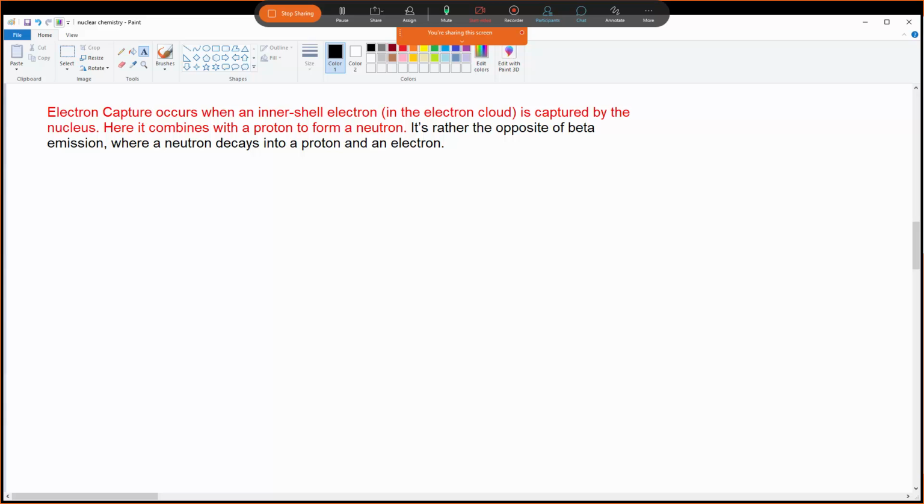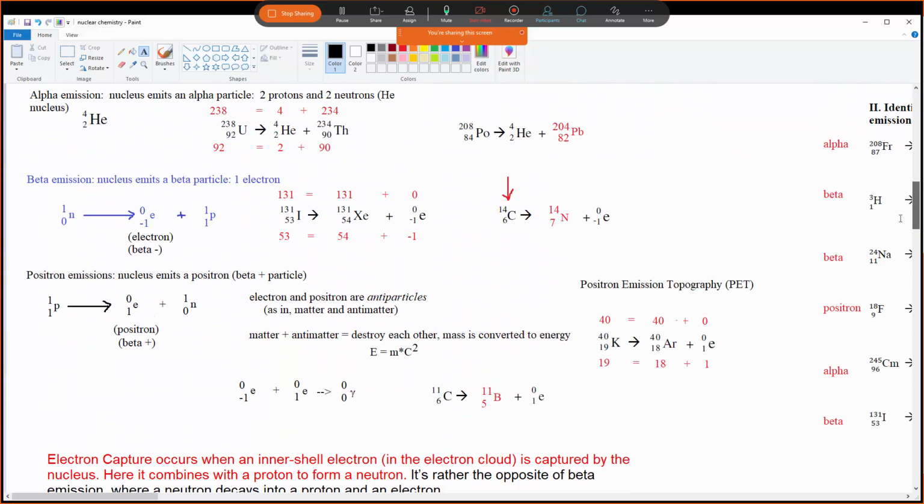In beta emission, your nucleus is going to kick out an electron. And we said, that's weird, where did your nucleus get an electron? And we decided that your neutron would decay into a proton and an electron. Here's our beta emission: your neutron decays into basically a proton, and an electron gets kicked out, and then your nucleus gets converted.